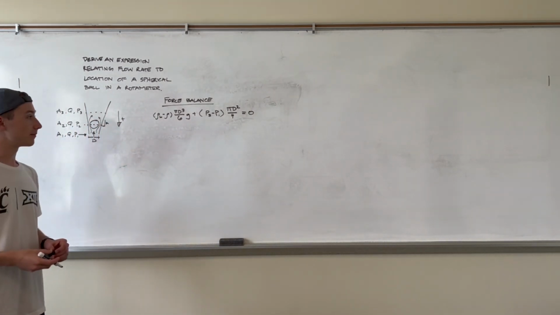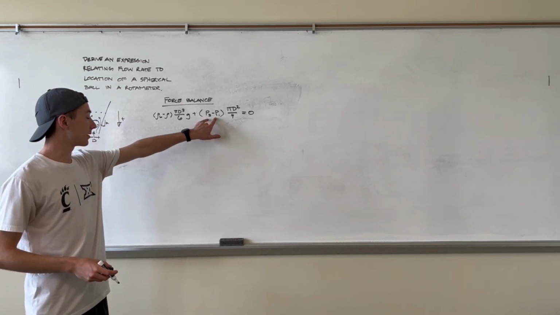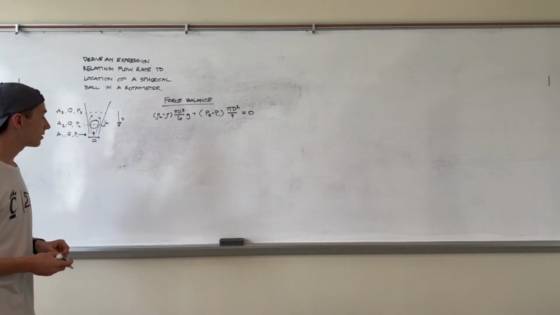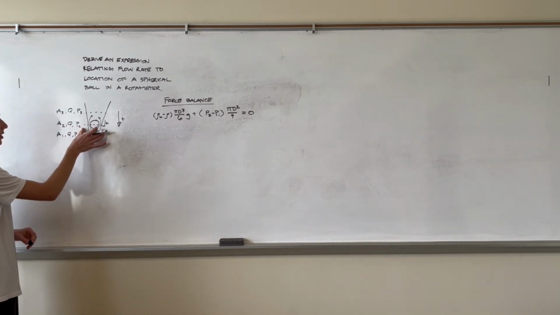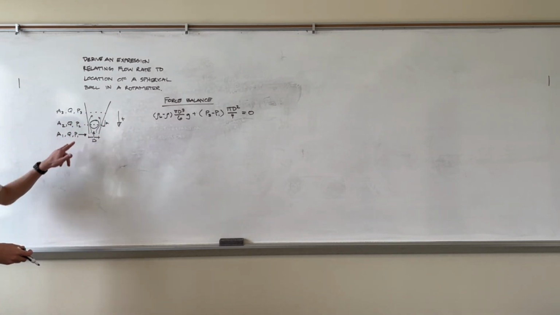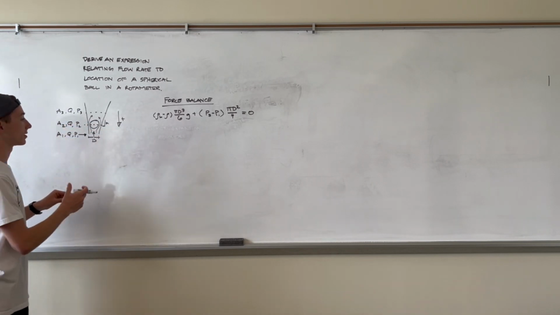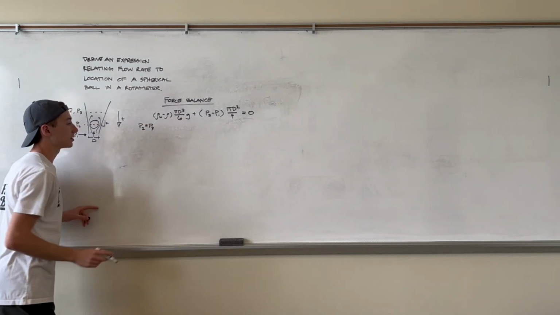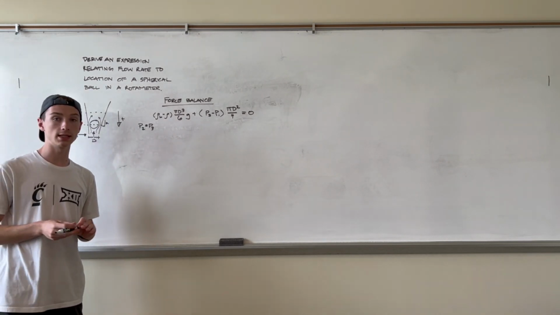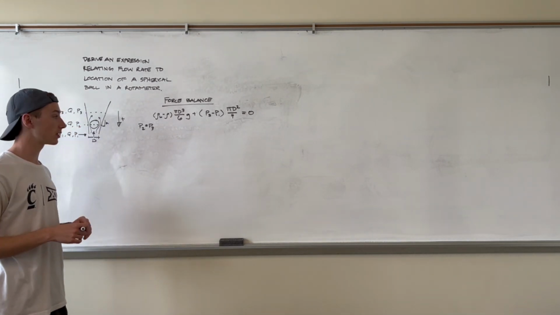So what are our next steps from here? Well, we need to talk about these pressures. I mentioned that there's no pressure recovery from pressure 2 to pressure 3. Therefore, pressure 2 equals pressure 3. That's our first assumption that we need to make. Using this information, we can then use the modified Bernoulli's equation.